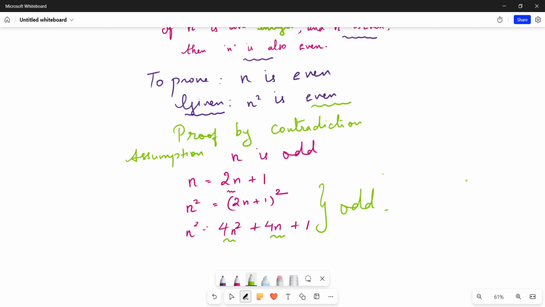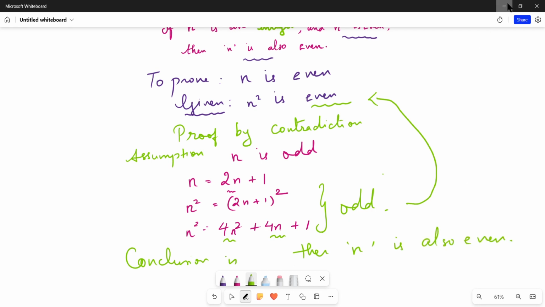So what is our conclusion now? Because n squared is odd contradicts our given statement that n squared is even, our conclusion is: if n squared is even, then n is also even. I hope you understand. Thank you.